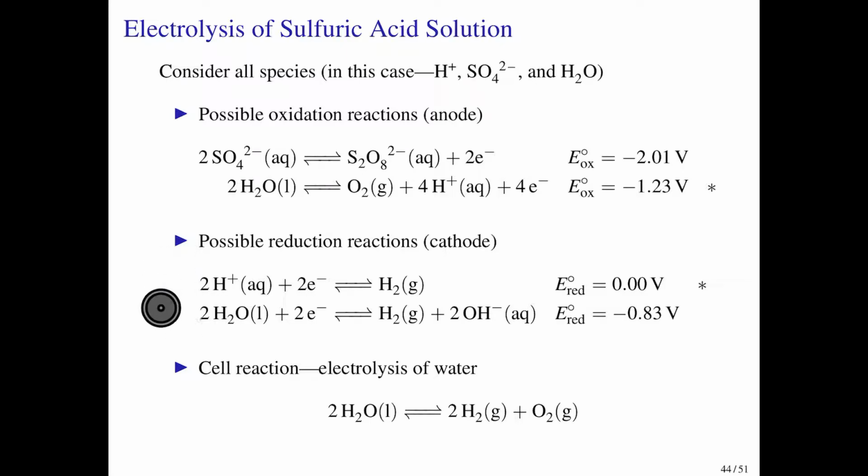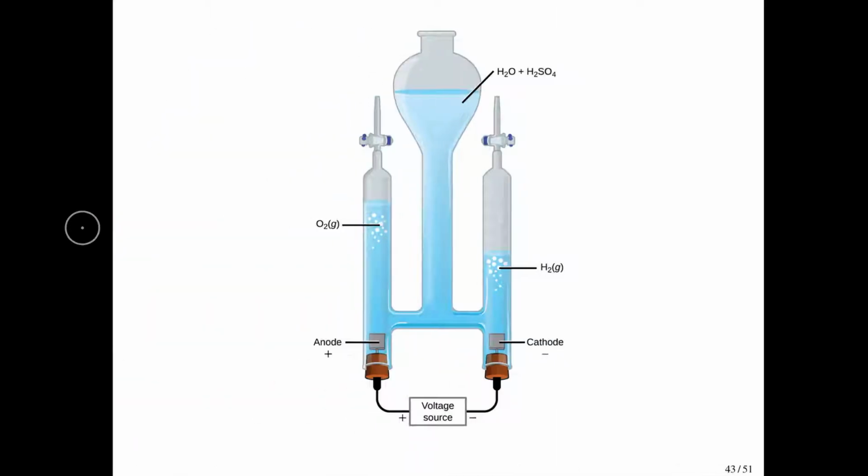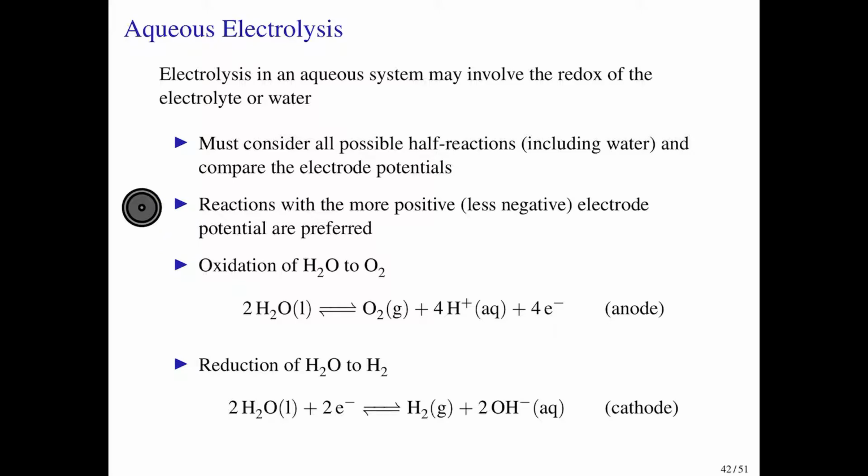You can find them in your table of electrochemical reactions, and you'll get a value of 0 for the H plus, and you'll get a value of minus 0.83 volts for the reduction of water. And the rule is, the more positive the electrode potential, the reaction with the more positive electrode potential is the preferred reaction.